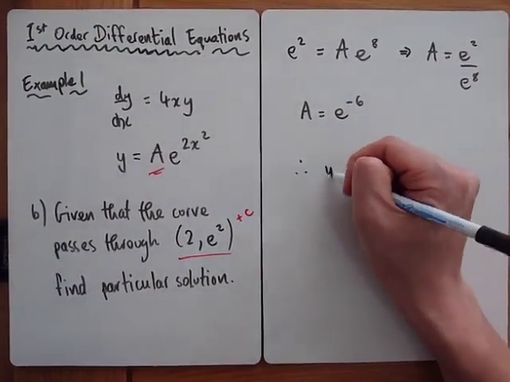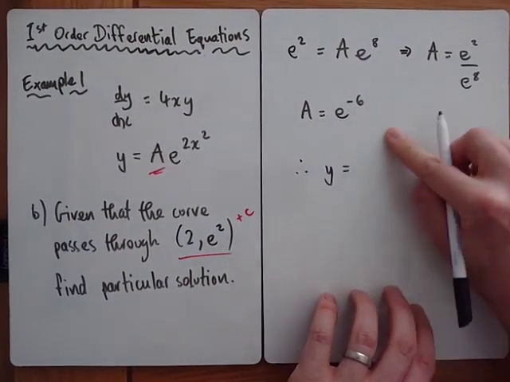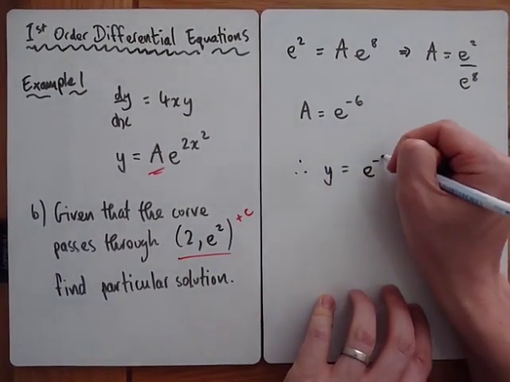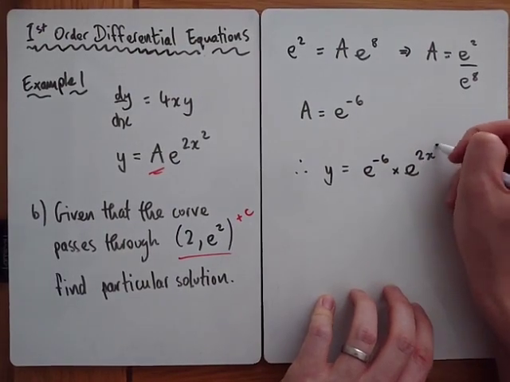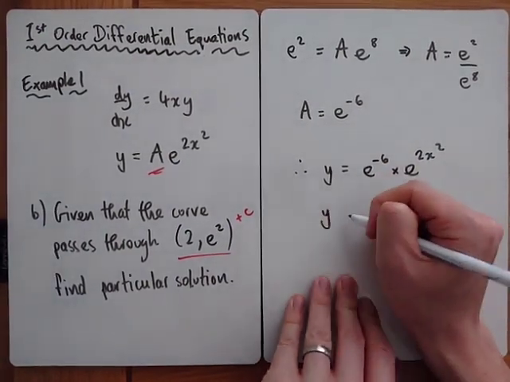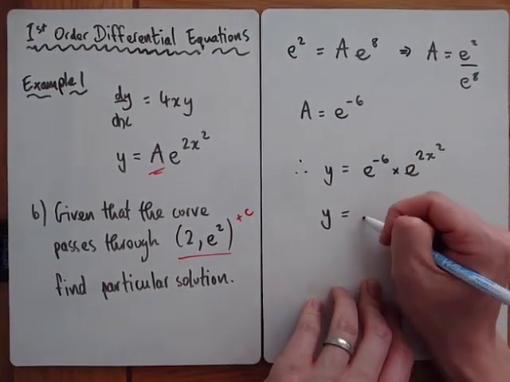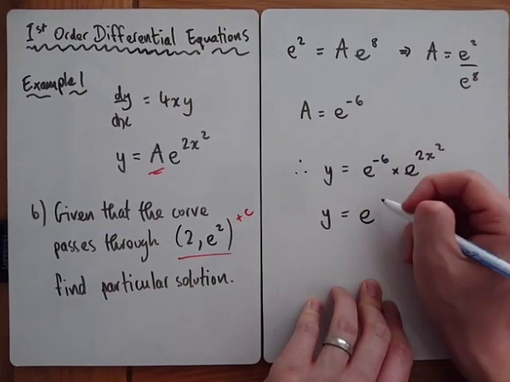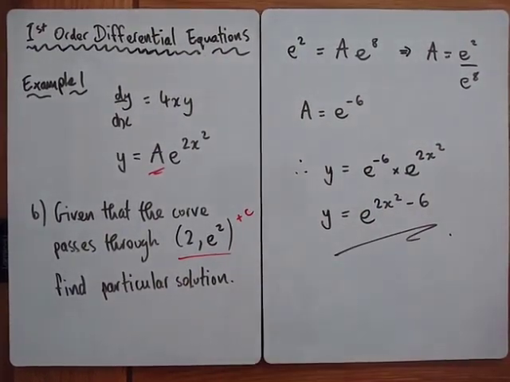So therefore, y would equal e to the minus 6 times by e to the 2x squared. I suppose with this one being an exponential, we could actually go back and put them back together. So that would be, if you add these two powers, e to the 2x squared minus 6.